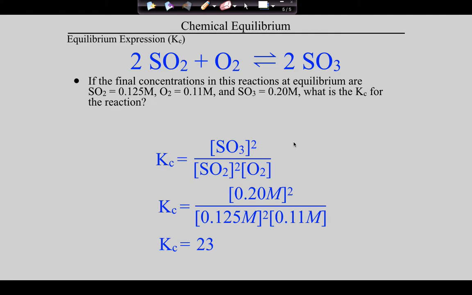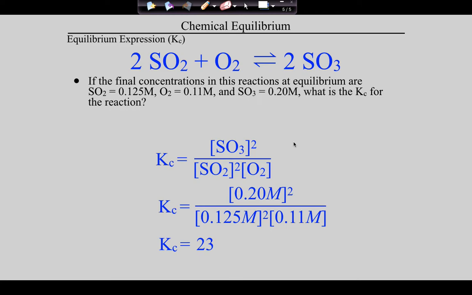So guys, the question is 23 what? And the answer is there are no units. Guys, so if you're that person that misses points on all of your labs and all of your tests because you don't put units on your numbers, you're finally right. This is the day you've been waiting for. You're not going to miss any points because that number doesn't have units.